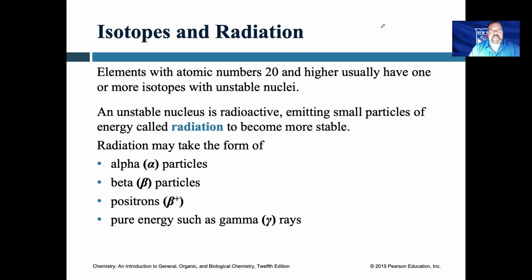So we're going to start by taking a look at isotopes and radiation. So let's remember what isotopes are. Isotopes are atoms of the same element that have different numbers of neutrons associated with them. So essentially, their atomic numbers are the same, but their mass numbers are different. Most of the elements in the periodic table actually contain certain percentages of isotopes of that element.